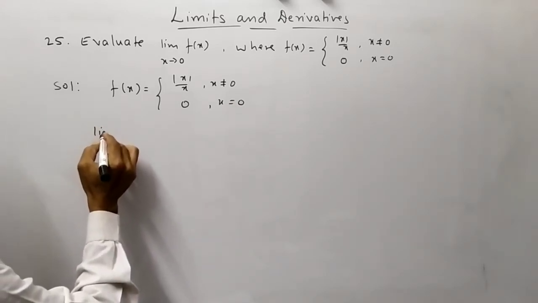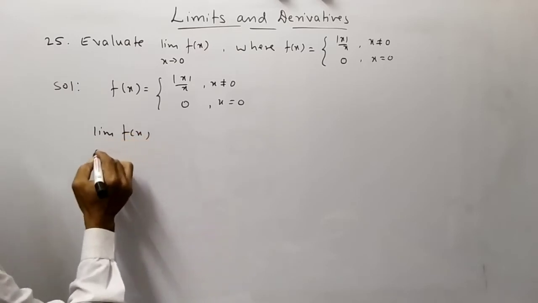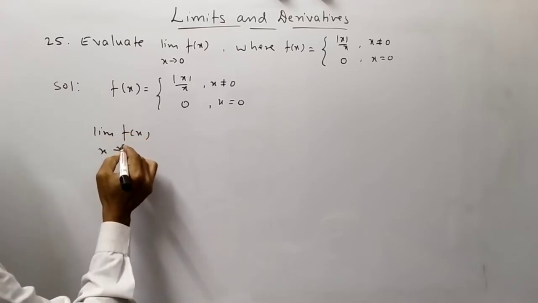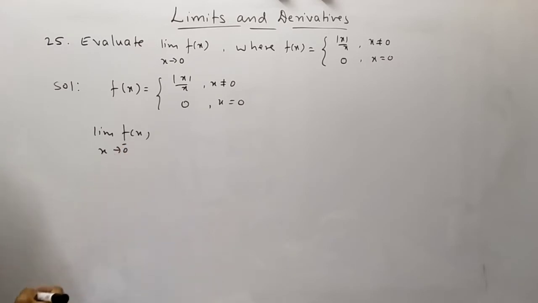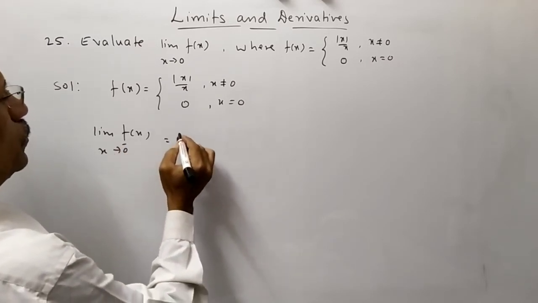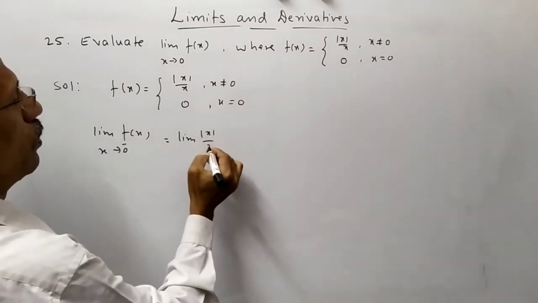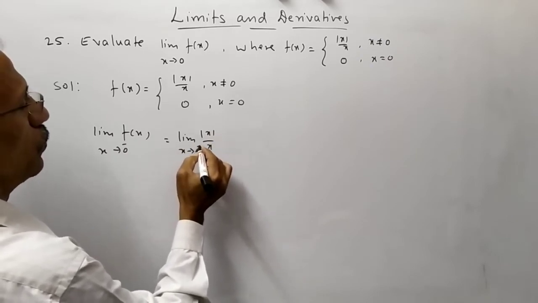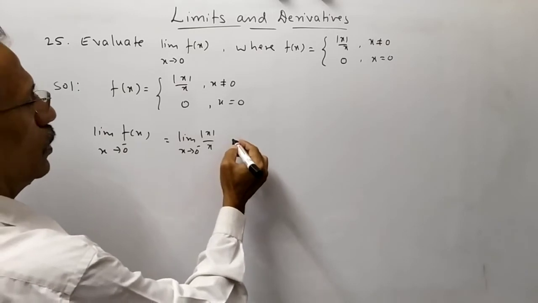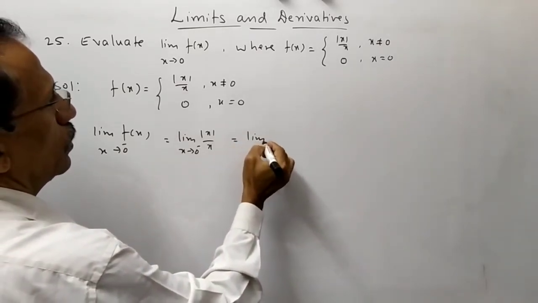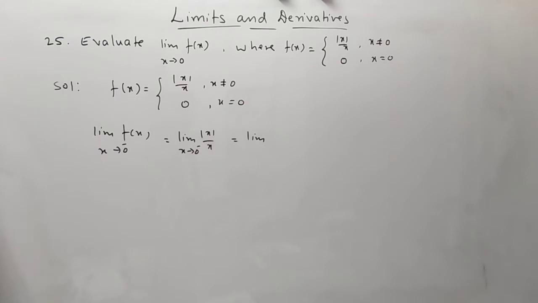Left hand limit, that is limit of f of x when x tends to 0 from left side, is equal to limit of modulus of x divided by x when x tends to 0 from left side. As you know, modulus of x is equal to minus x when x is less than 0.